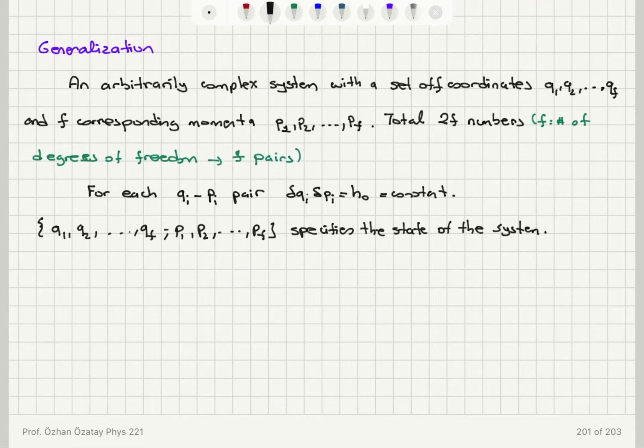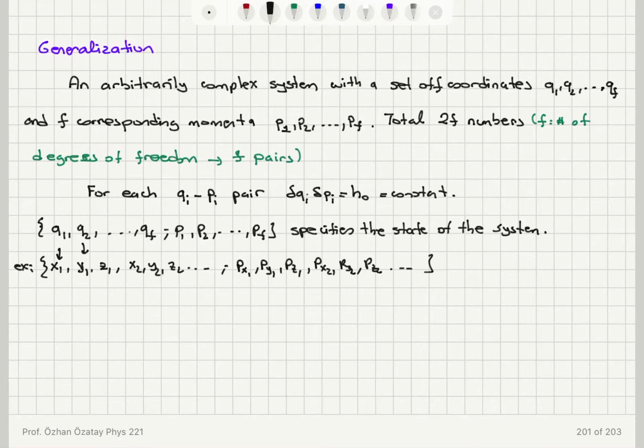Now notice that this Q1 could be X1, Q2 could be Y1, Q3 could be Z1, if we are in three-dimensional space, for example. This is for the first particle. Second particle, I can have X2, Y2, Z2, etc. And then I would have PX1, PY1, PZ1, PX2, PY2, PZ2, etc. So that eventually I would have how many values?